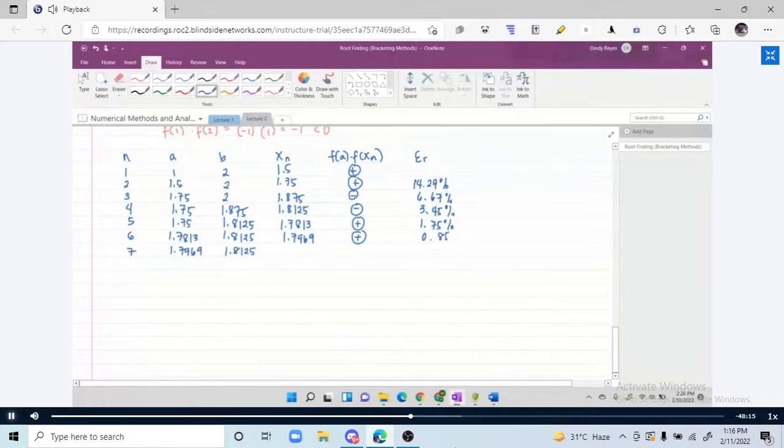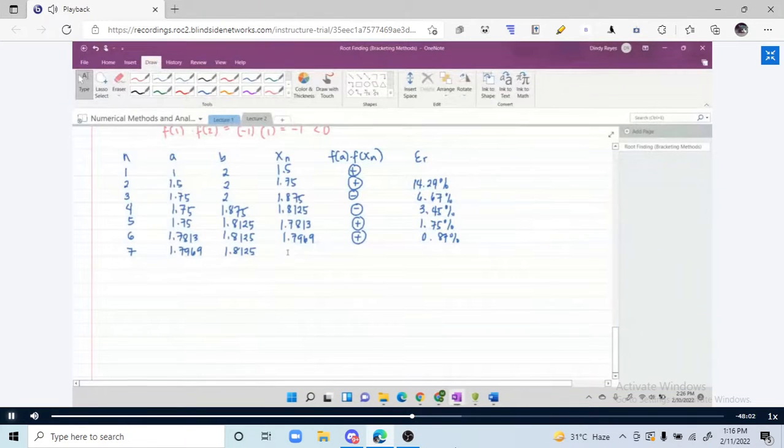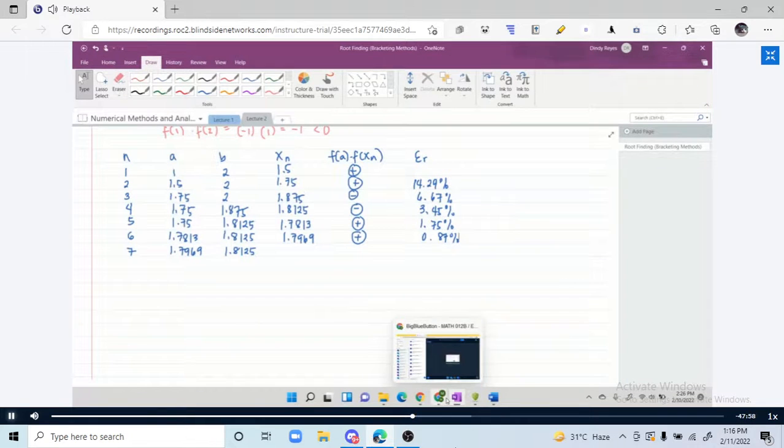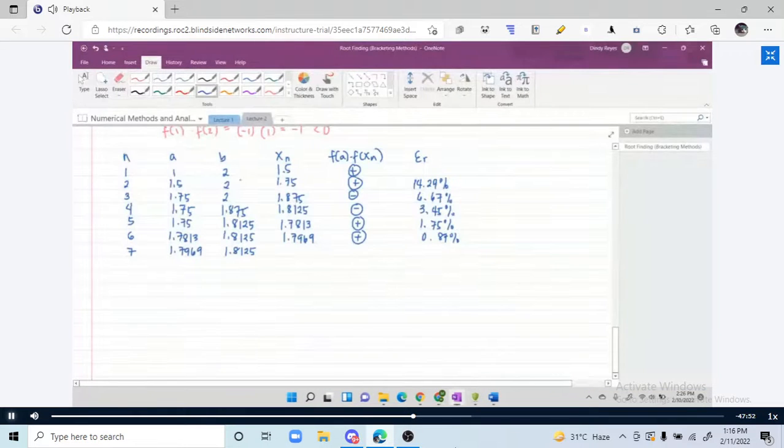Maybe this is the last iteration, 87%. What is X sub N in X sub 7? Ito na tayo, X sub 7. 1.8047, yes.